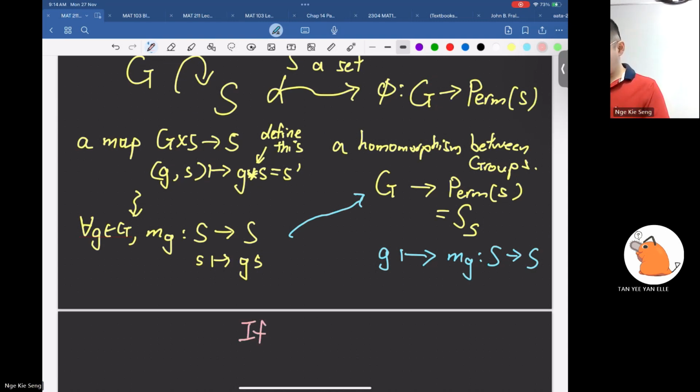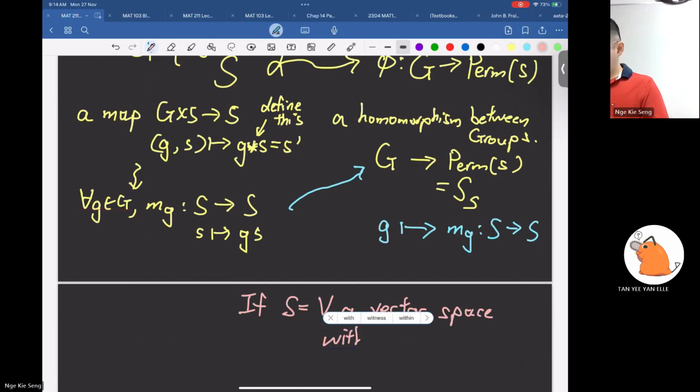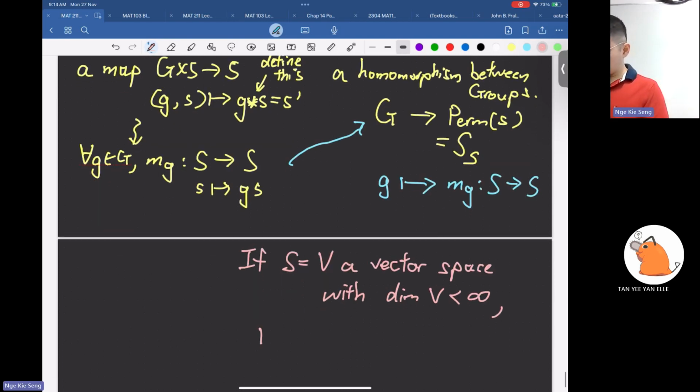So if X equals V, a vector space with dimension of V less than infinity, what is the permutation of a vector space?